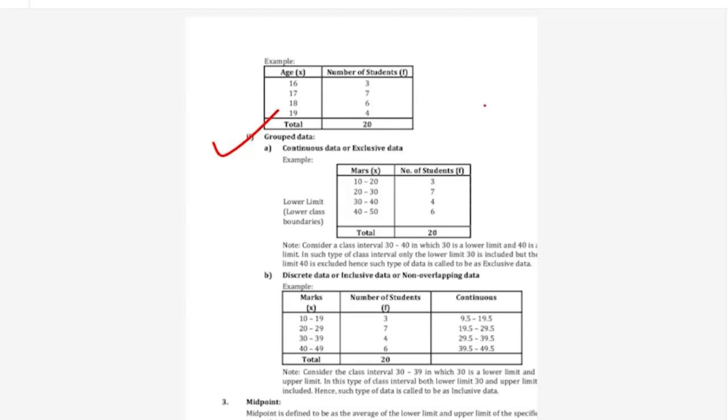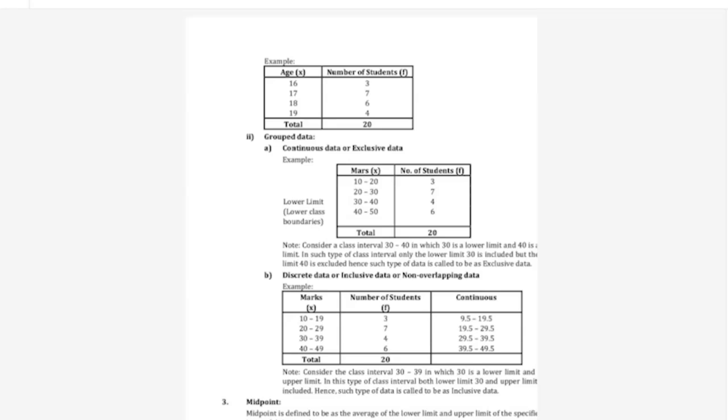The given data is being classified in the form of group data. And now, after giving you sufficient knowledge why it is necessary to study group data, let me proceed with the types of group data.